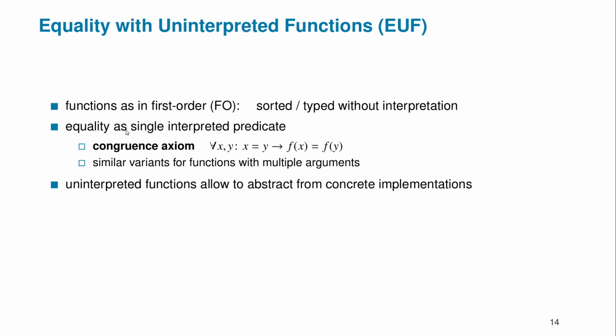And for equality we have the congruence axioms, and it says the following: for all x, y, it holds if x equals y, then f of x is also f of y. Yeah? So when we know that x equals y, then the application of a function on the two variables leads to the same result. Yeah, important. It does not hold in the other direction.